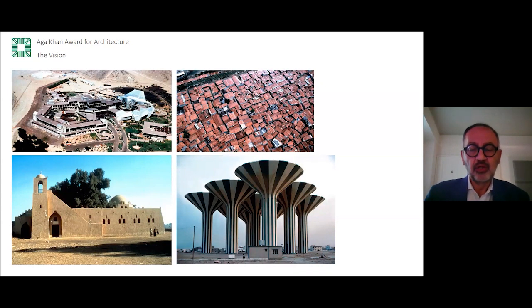So the Aga Khan Award for Architecture started making the field of architecture much more inclusive.